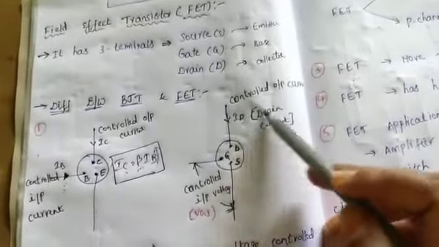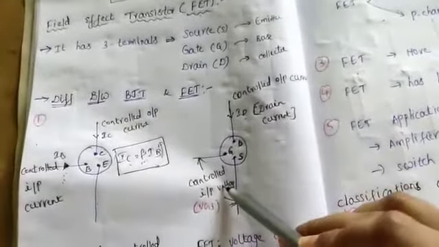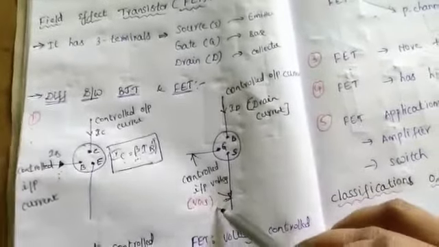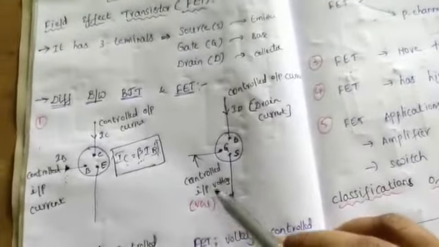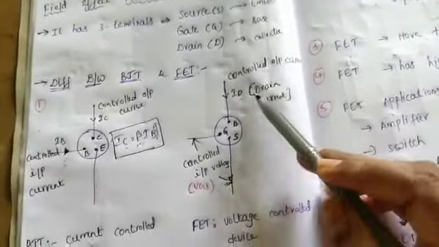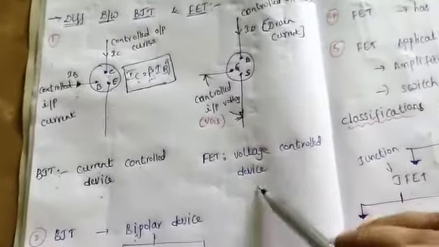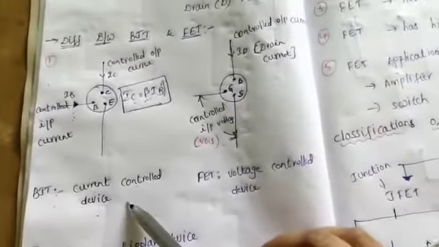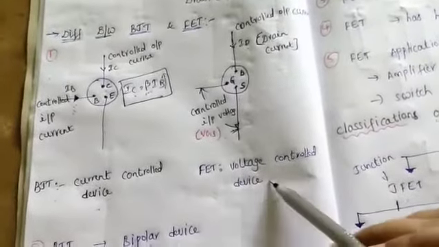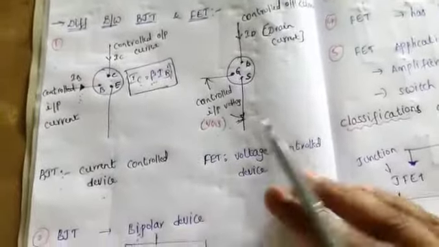The output current is controlled by the input voltage, that is VGS. So the FET is generally called a voltage controlled device. So BJT is a current controlled device and FET is a voltage controlled device, a very important point.